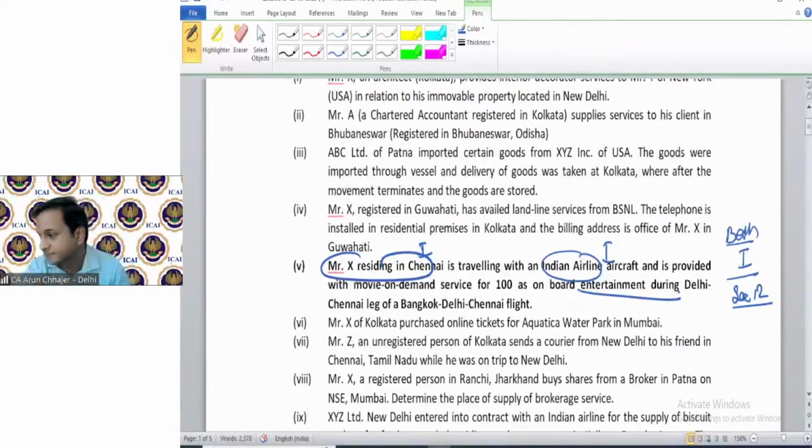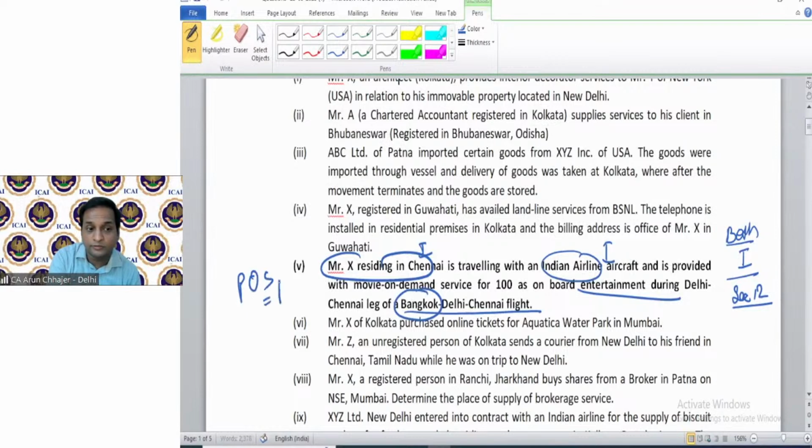In that case, if the service has been rendered on board a conveyance, then the place of supply would be the scheduled point of departure of that conveyance. From where is this particular flight being started? It is being started from Bangkok. So in this case, the place of supply would be Bangkok.